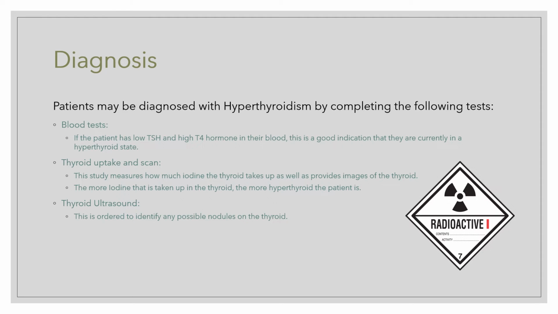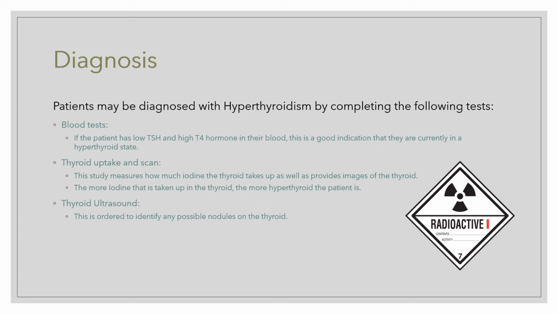Another test is the thyroid uptake and scan. After a patient has had blood work that indicates hyperthyroidism, the doctor may order an uptake and scan to determine what is causing the hyperthyroidism. This is done by having the patient take a pill that has a small amount of radioactive iodine.